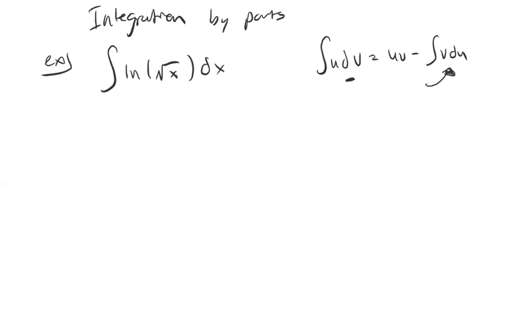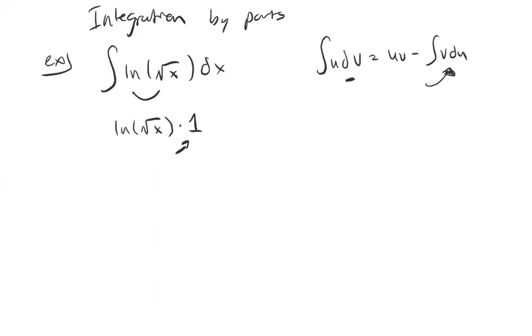Because think about it. We have log square root of x times 1, right? Technically, this is a product of two functions of x. It's not a particularly interesting one, but it is. So when we set this up, we want to select a u that differentiates well, so to speak.